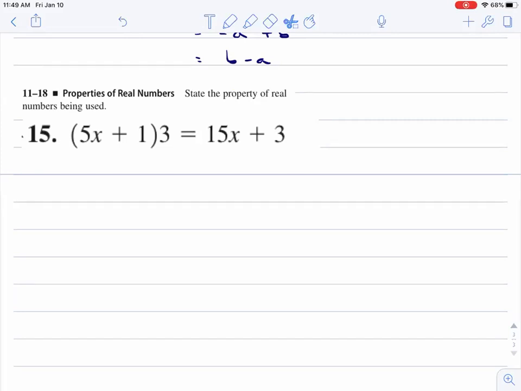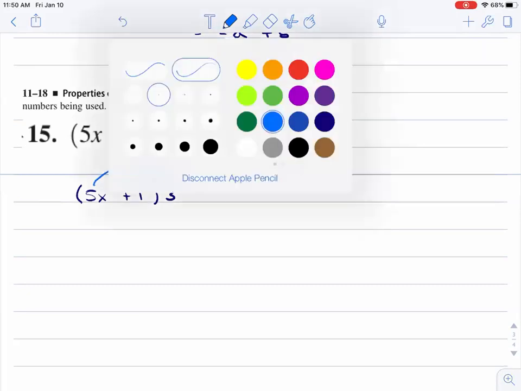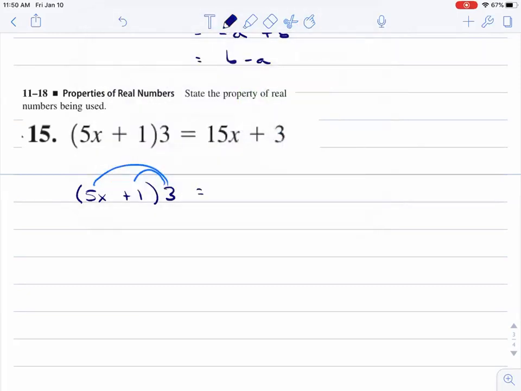From 5x plus 1, they've thrown an x in there. 5x is just 5 times x. X can be anything, and so we just treat it as one thing. 5x plus 1 times 3, well, I have to bring the 3 onto here and the 3 onto here. So this becomes 3 times 5x.